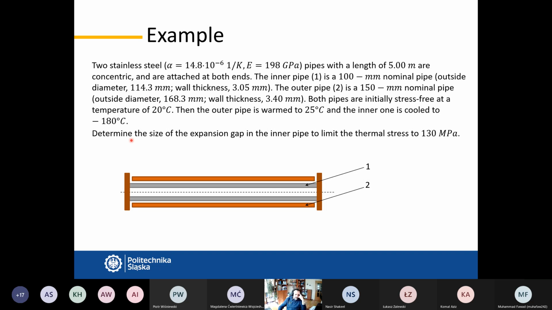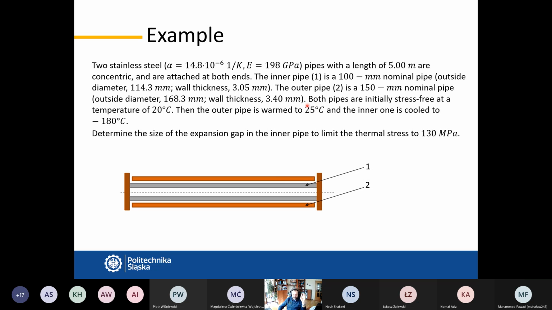The question is, what should be the expansion gap in the inner pipe to limit the thermal stress to 130 megapascal. So this is the situation shown now, that we have a gap between these two pipes. If we cool down the internal pipe, it will get shorter, so it will try to compress the external pipe.